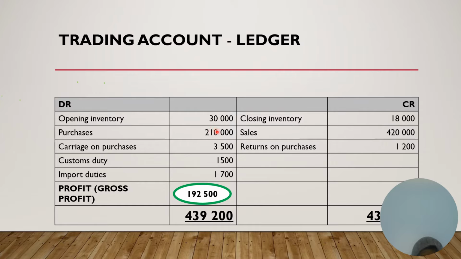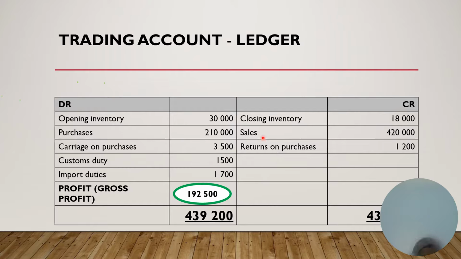If you have carriages on purchases, you add them. If you have custom duties, you add them. If you have import duties, you add them. Alright, and then you deduct your returns if you have them. Then how do you deduct your returns? You deduct it by putting them or recording on the credit side. And lastly, if you remember the structure, you minus the closing inventory.